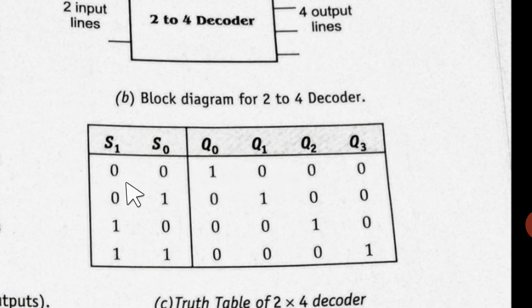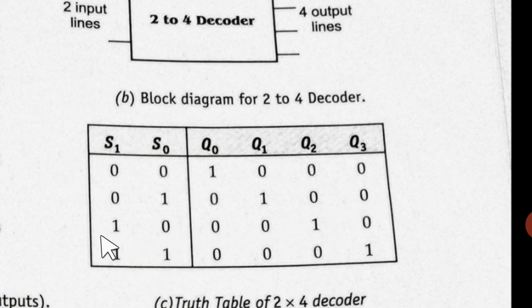When the combination is 0 0, a binary combination, which decimal number does it produce? 0. So Q0 will have 1 because that is active right now. Then 0 1 represents decimal number 1. So Q1 will have 1 in this row and the rest of the columns will have 0.